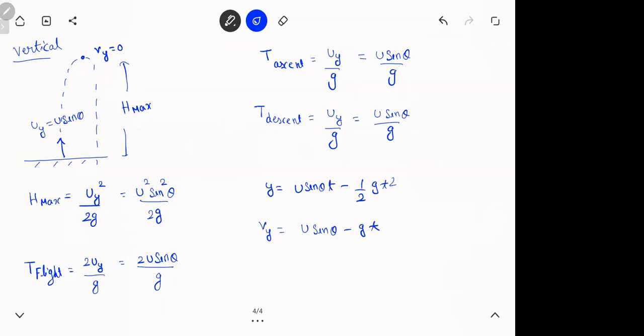And one important thing here: time of descent and time of flight are valid only if the particle comes back to the same level.